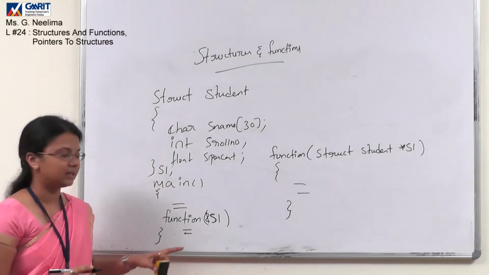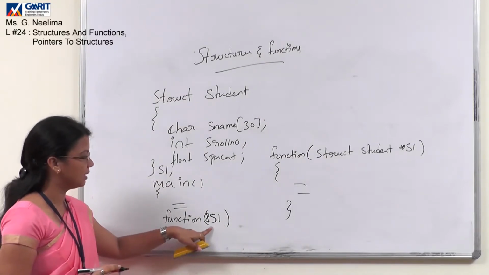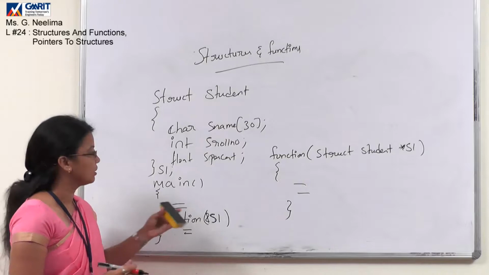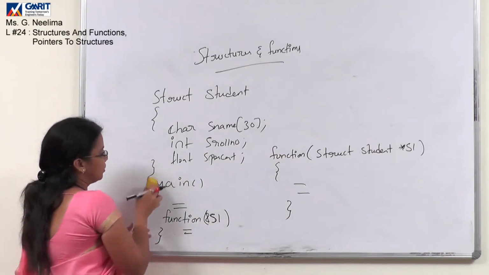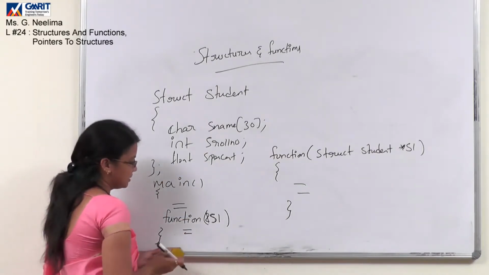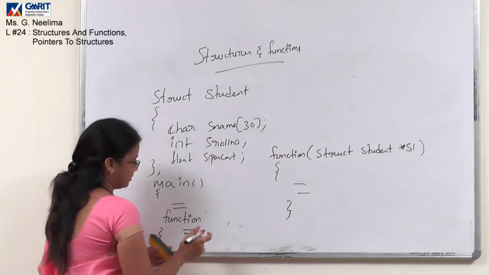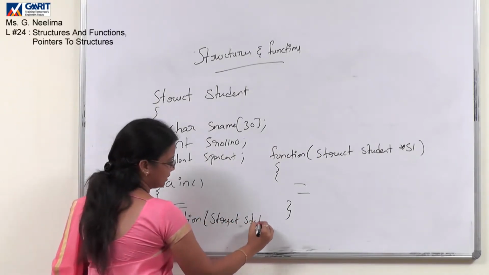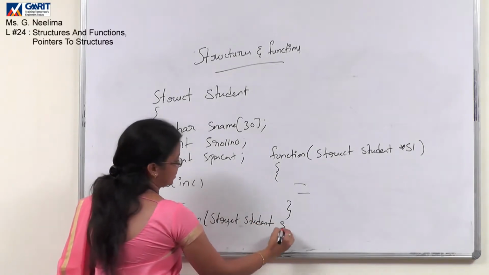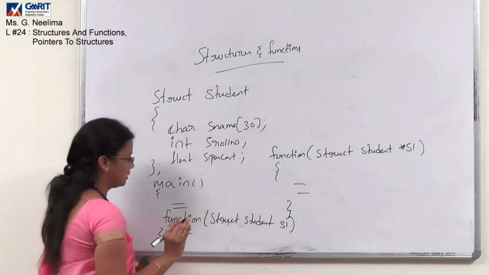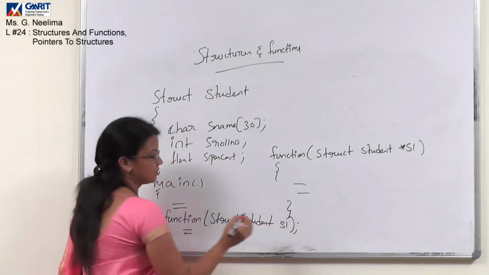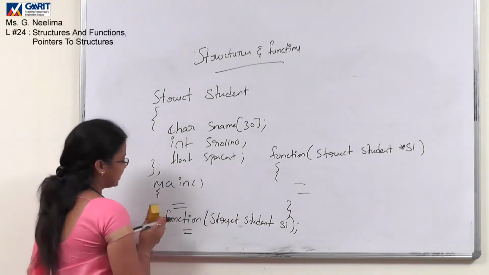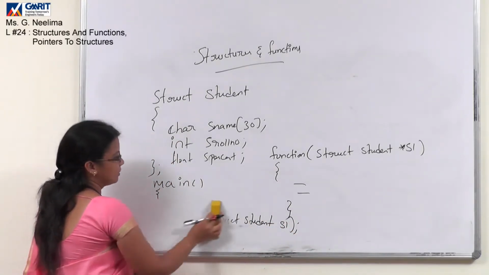Like this we can pass the structure in the argument, or else in one more way we can pass it, function of struct student s1. Like this we can pass the argument. Okay, and let's see a simple example here.